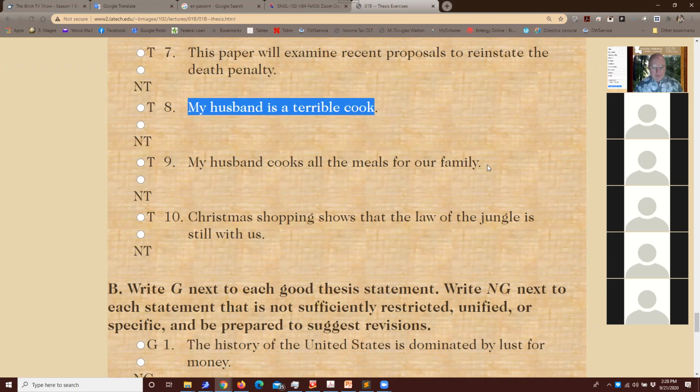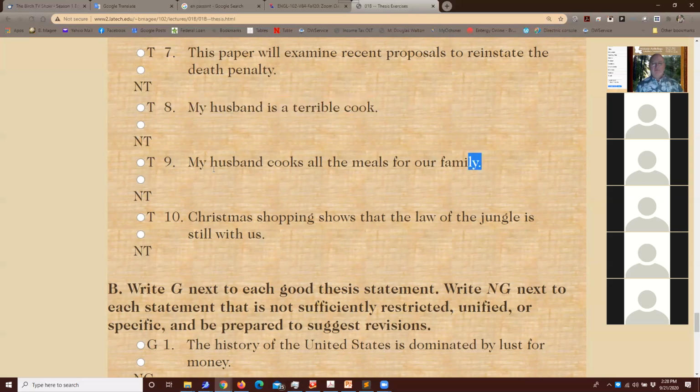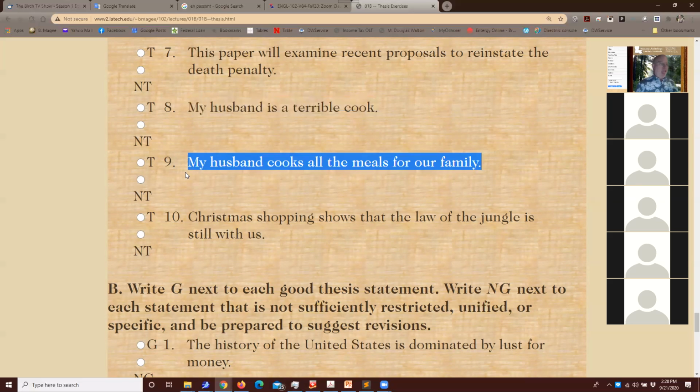Now, with that in mind, is Massey here for number 9? Yes, I'm here. Okay, just read it and say if it's a thesis or not. "My husband cooks for our family," and that is a thesis.